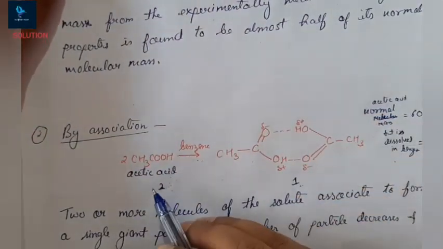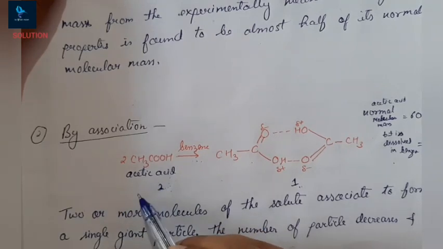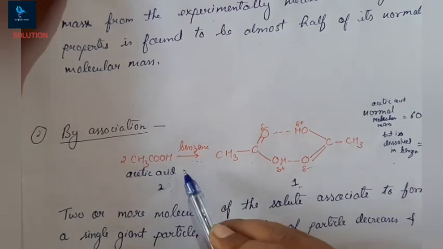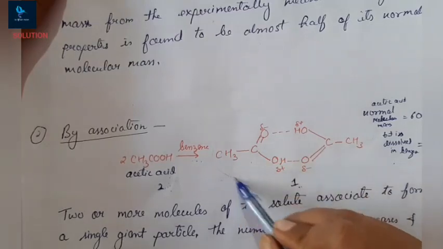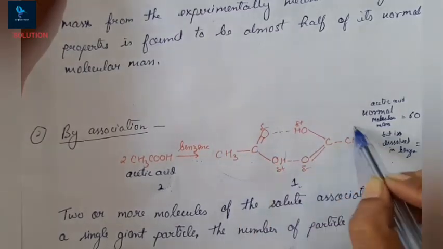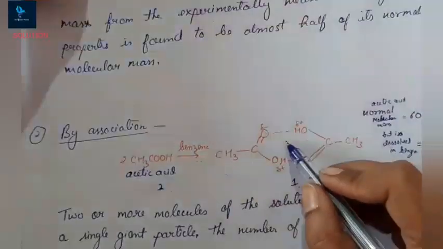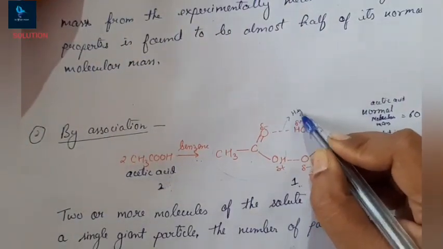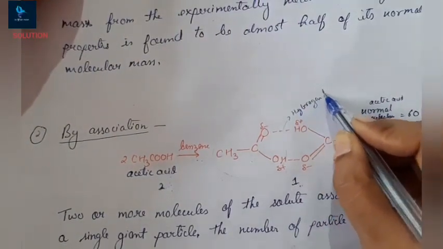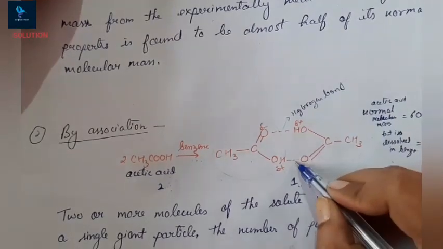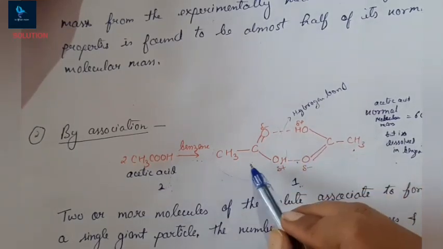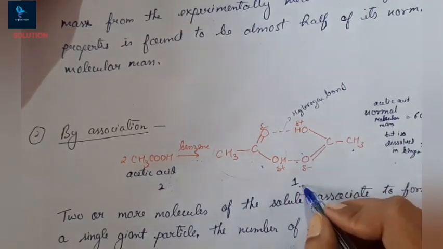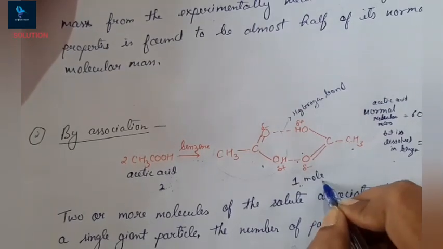Now, next, association. Here we took 2 moles of acetic acid dissolved in benzene, and it associates. One molecule of acetic acid and the other molecule of acetic acid associate with hydrogen bonds. This is a hydrogen bond, and this is also a hydrogen bond. So both molecules of acetic acid associate and form 1 mole.